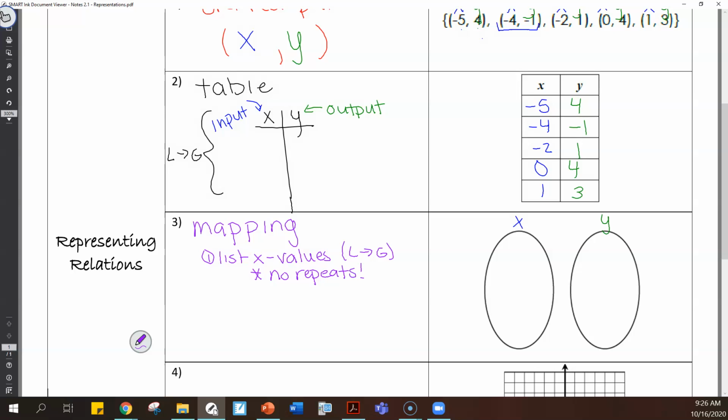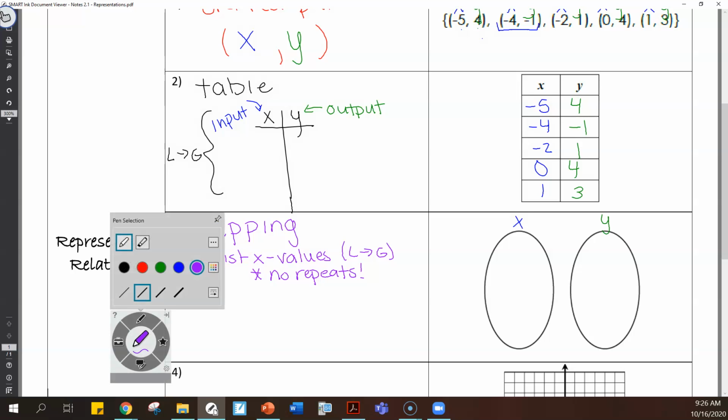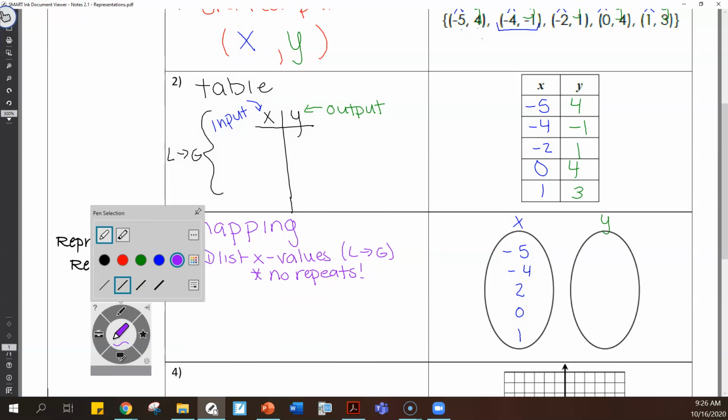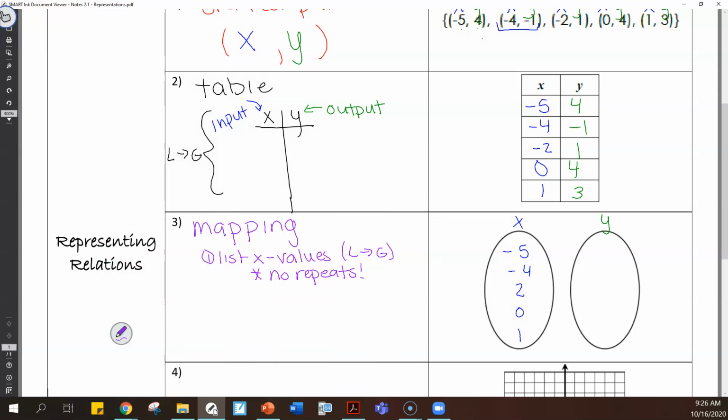This is specific to mapping, but with my x values, I want to make sure that I don't repeat any. So in my example, I have -5, -4, -2, 0, and 1. My x values are listed from least to greatest, and I don't have any repeats. The second thing I'm going to do is repeat that process with my y values.